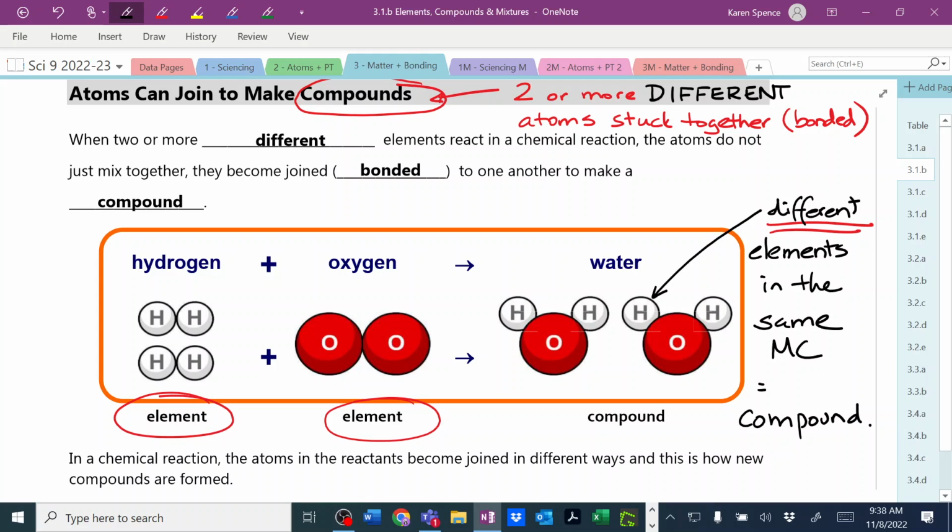Now, you might be able to guess the formula for hydrochloric acid from its name, hydrochloric. What would you guess its formula is? Hydrogen and chlorine. So this is HCl. Okay, so we're going to take some HCl.